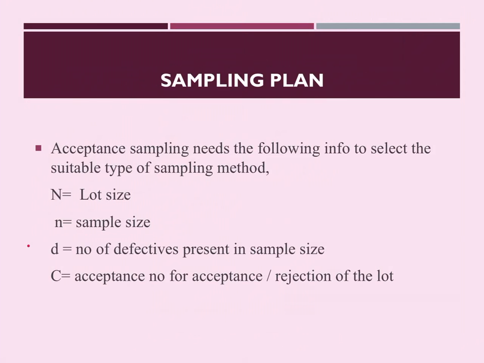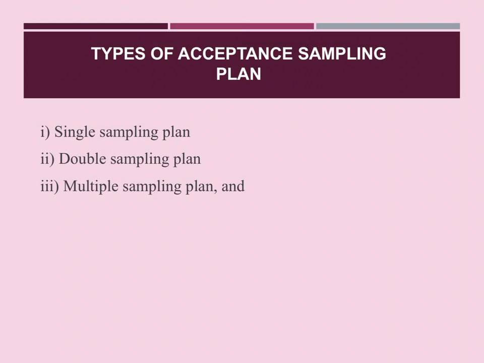As per the IS standards, as per the lot size, the table for sample size is given, and the acceptance number we can calculate from the OC curve. Then we will compare the defective number with the acceptance number and take the decision whether the lot should be accepted or rejected.